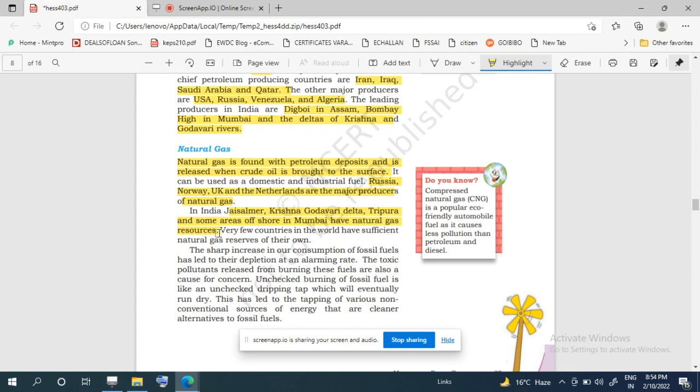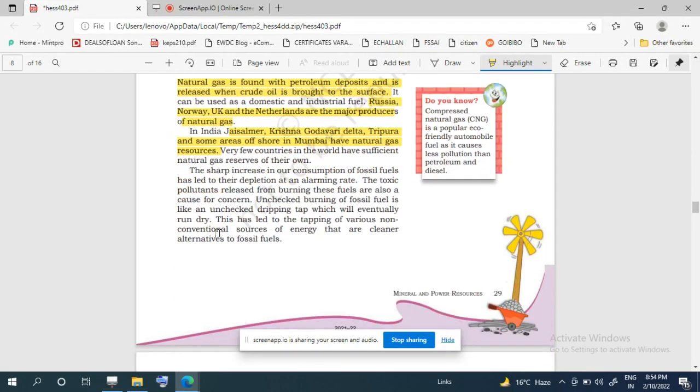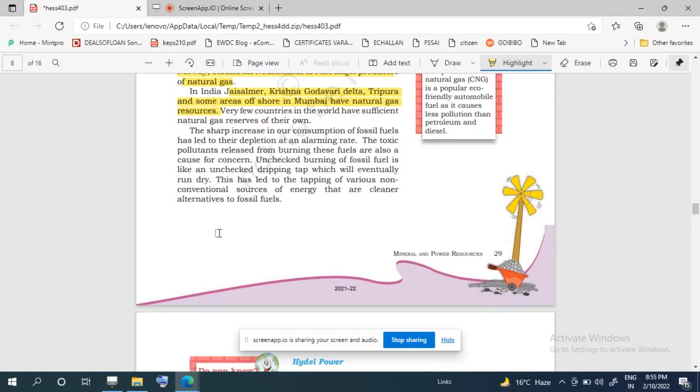And yes, the reserve of natural gas is very small in different countries of the world. Because the population is growing, the demand for vehicles is also growing, and all kinds of demands are growing, so economic activity is increasing, the number of vehicles, factories, and industries are increasing.